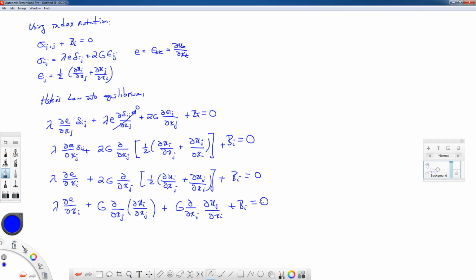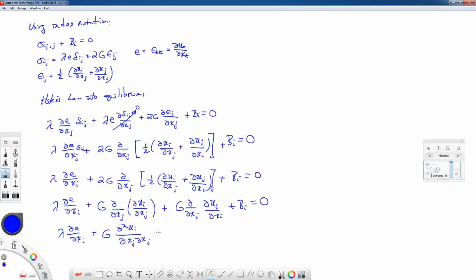Let's go ahead and take a look at these terms one more time. We have lambda partial of e with respect to xi plus g. We have the second partial derivative of ui with respect to xj and xj. There is an implied summation there.